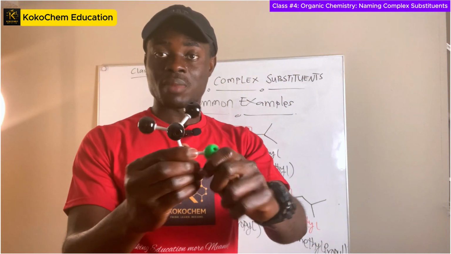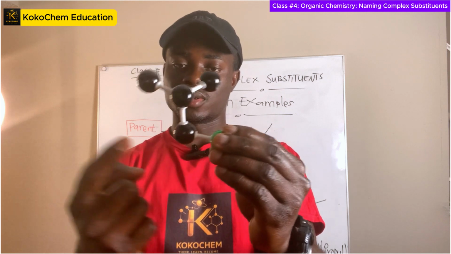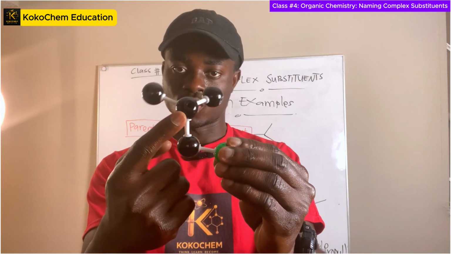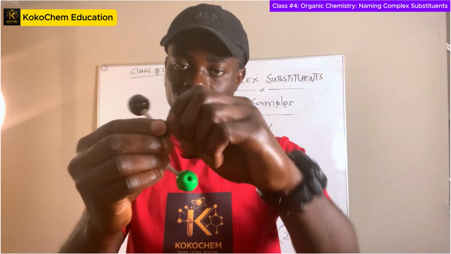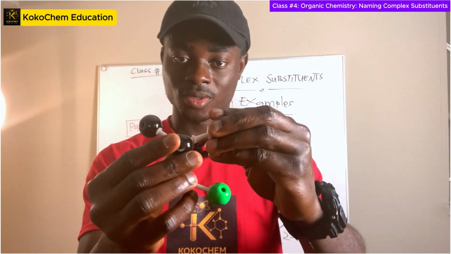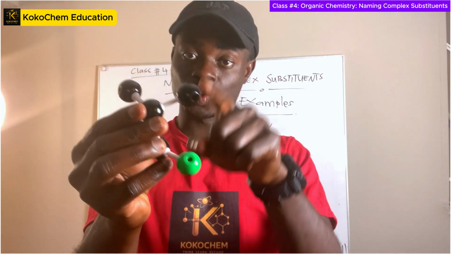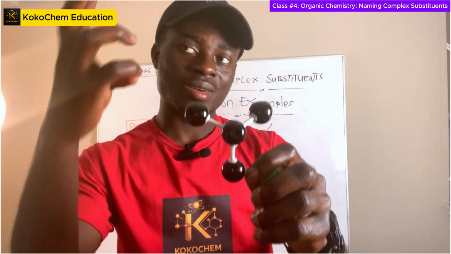But if you don't go systematic, let's see. This will be the parent. 1, 2, 3. So this methyl is attached to carbon number 2. So it will be 2-methyl, 1, 2, 3, 3 is prop.